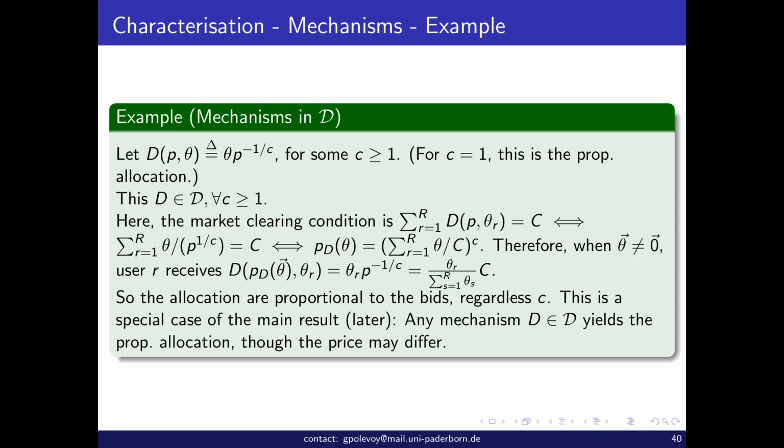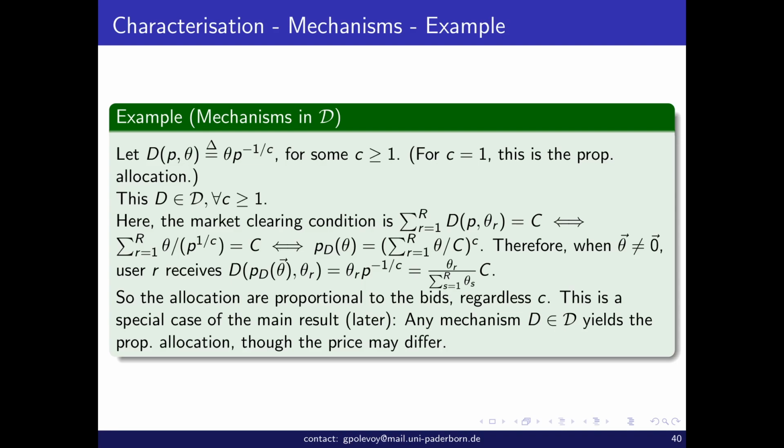First of all, consider a class of mechanisms in this calligraphic D, which generalizes what we have. So what we have is theta divided by p. Here it's theta divided by p to the power of 1 over c.